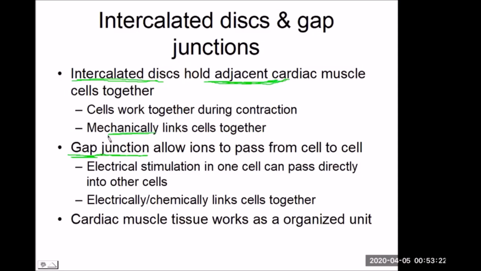One cardiac muscle cell will receive the stimulus to contract. It's bonded to its neighbors via these intercalated discs, thus pulling on the neighboring cell and stimulating the neighboring cells to contract. So this is one way to get the cells in a particular chamber to contract and work as a unit because they're bonded together via these intercalated discs.